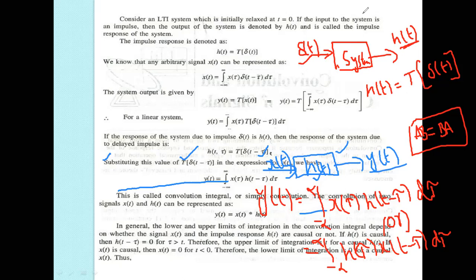Listen carefully, my dear students. If the input to the system is an impulse delta of t, then the output of the system is denoted as h of t and is called the impulse response of the system. Any output is a response only.